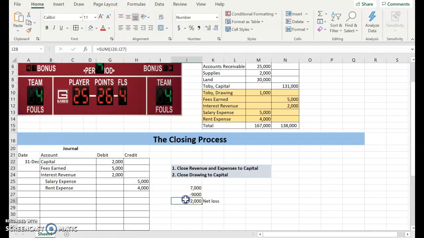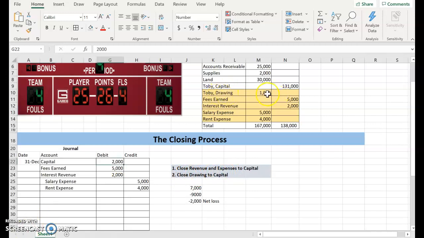And that is going to transfer my net loss to my capital account. And to verify that our debits equal our credits, we have a total of $9,000 in debits and a total of $9,000 in credits.